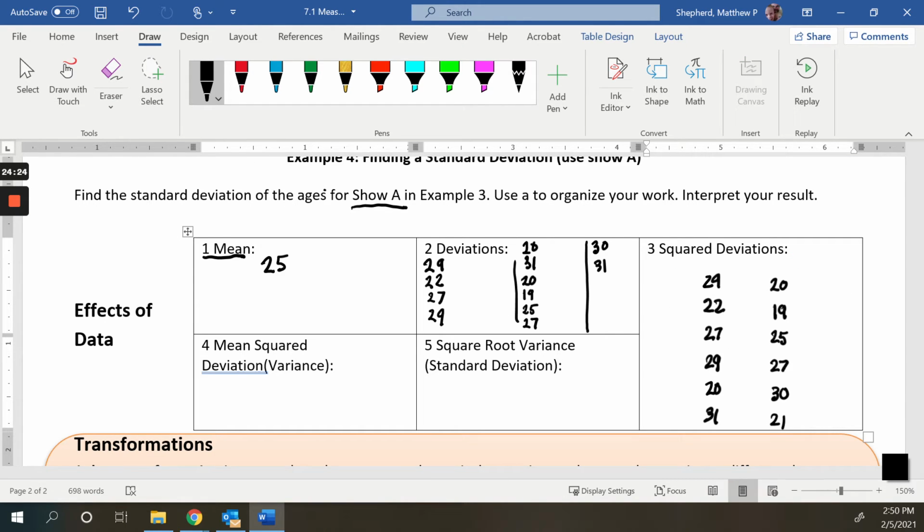All right, so now I've got all my numbers written out, and all I'm going to be doing is subtracting the mean from each of them. What I am doing is I'm trying to find out how far away all my numbers are from the mean. And that is what we call a deviation, how far you are away from the mean.